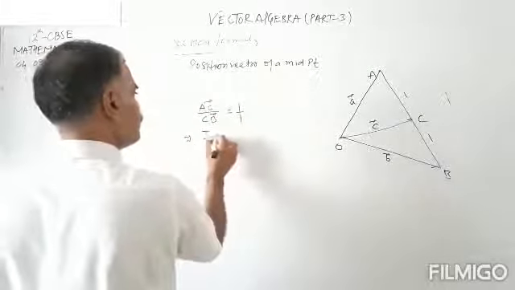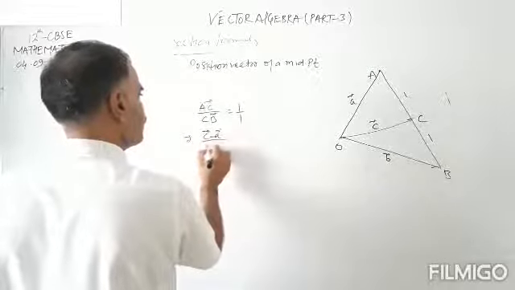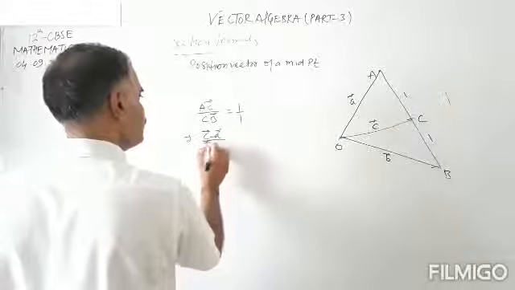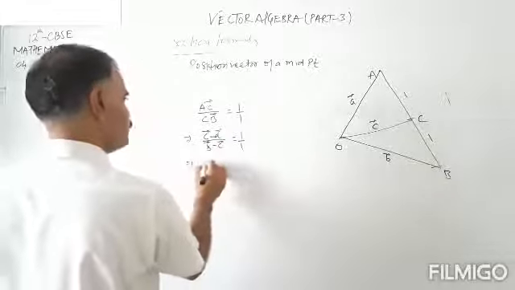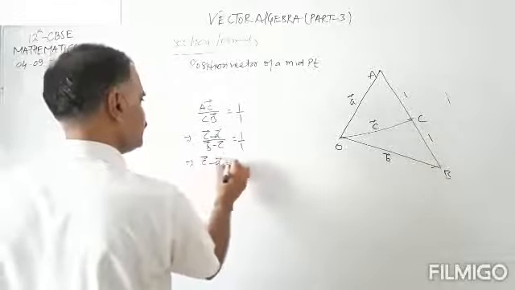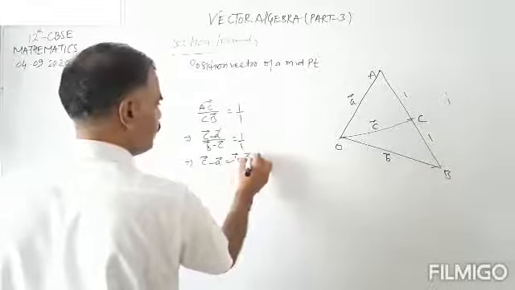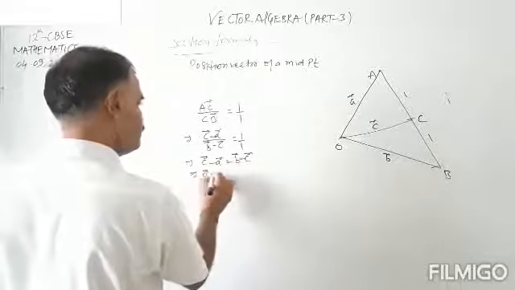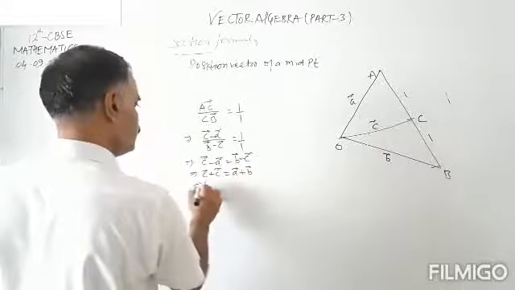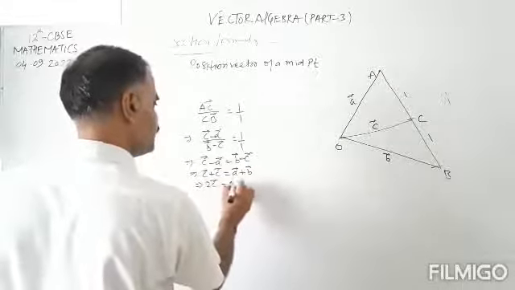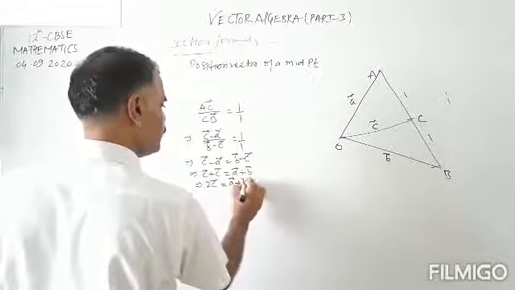AC vector means C vector minus A vector upon B vector minus C vector, that is 1 upon 1. So C vector minus A vector equals to B vector minus C vector, means C vector plus C vector is equals to A vector plus B vector. So 2C vector is equals to A vector plus B vector.